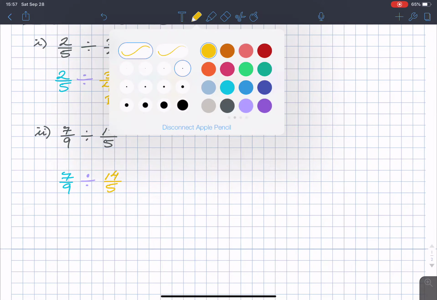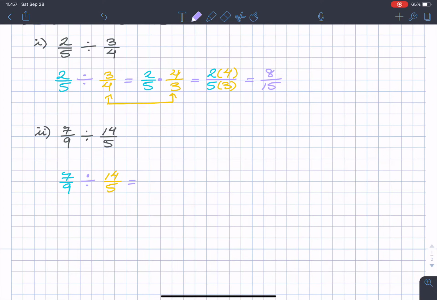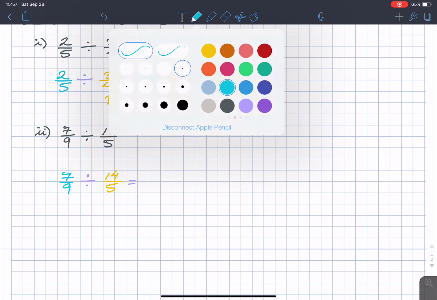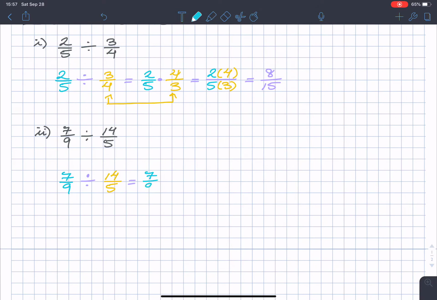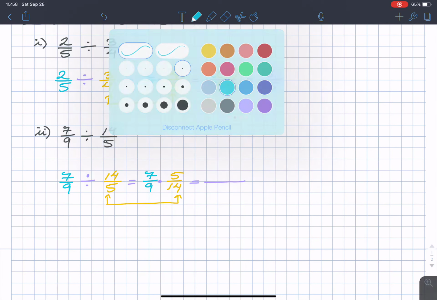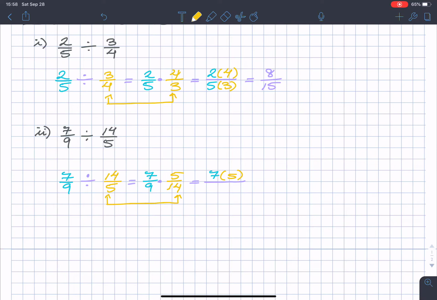So remember, in order to divide two fractions, we need to take the second listed fraction and flip it upside down so that I can multiply. So hence 14 over 5 will now be 5 over 14. So notice I flipped it upside down and I'm multiplying now. So what we get then is the product of 7 and 5 in the numerator divided by the product of 9 and 14 in the denominator.